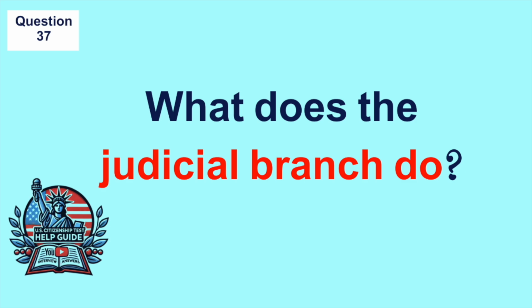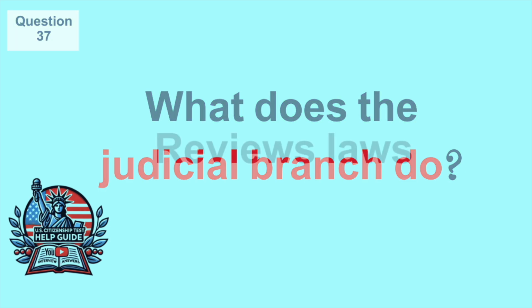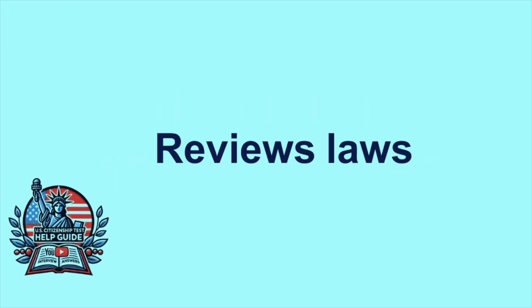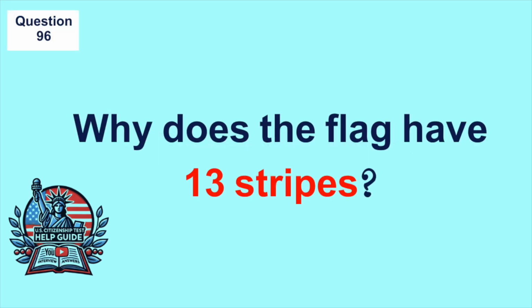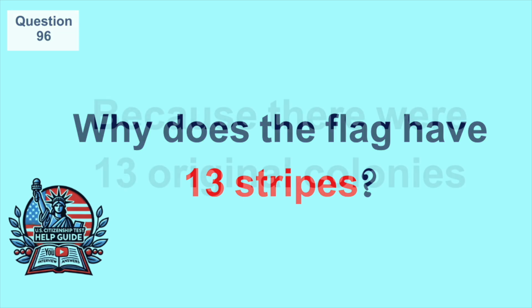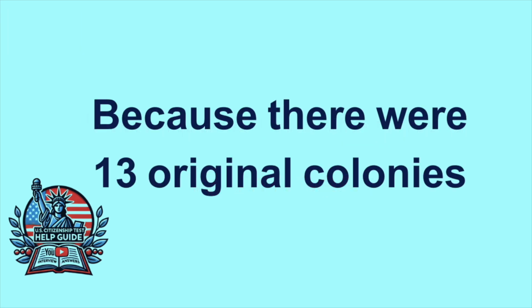What does the judicial branch do? Reviews laws. Why does the flag have 13 stripes? Because there were 13 original colonies.